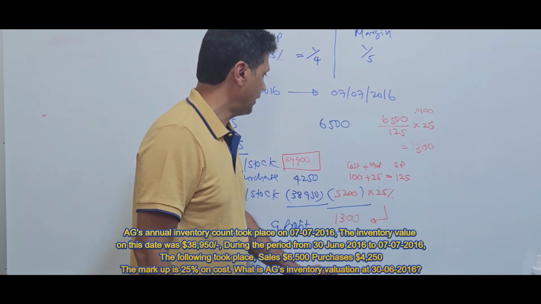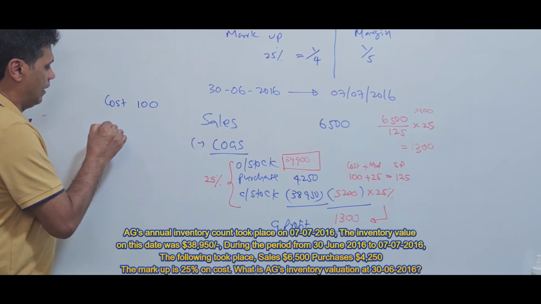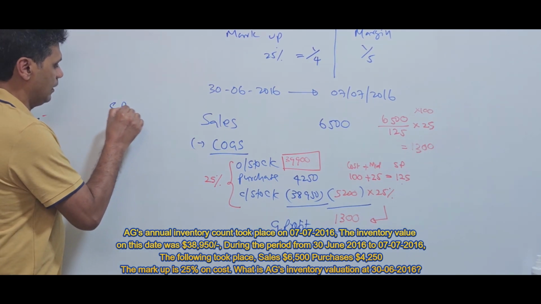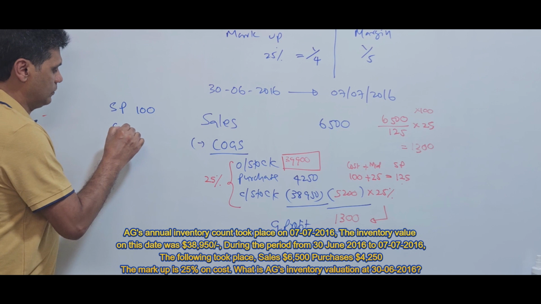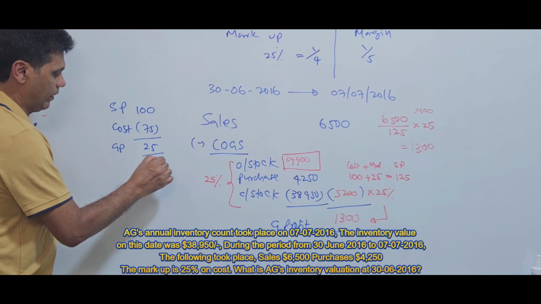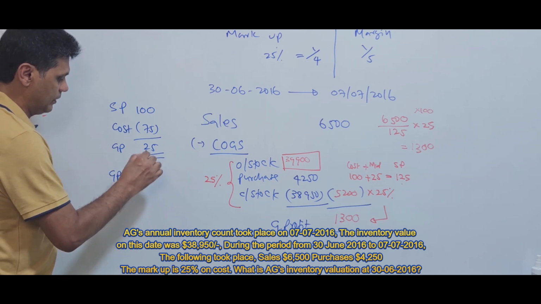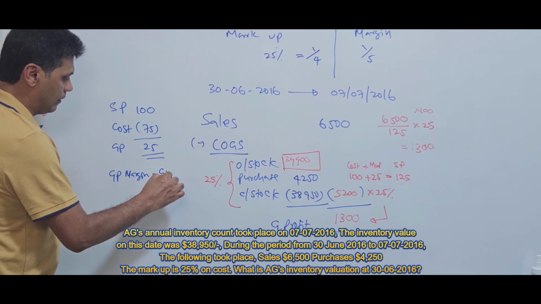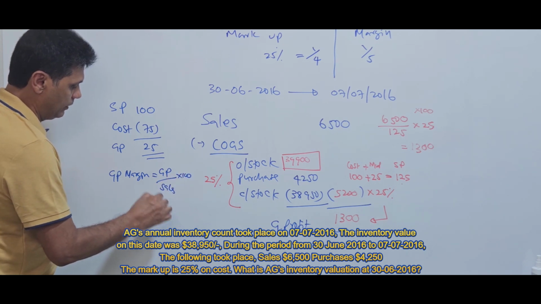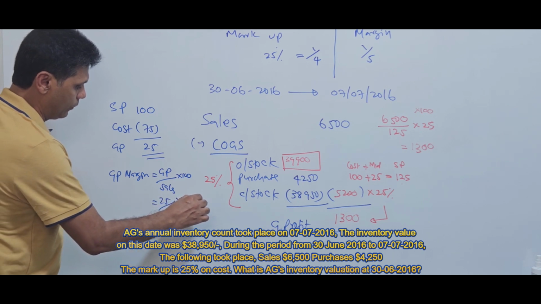Simply, if you take an example, let's say your selling price is 100 and your cost is 75, then the gross profit is 25. The gross profit margin is GP divided by sales times 100. So 25 divided by 100 will be 25%.